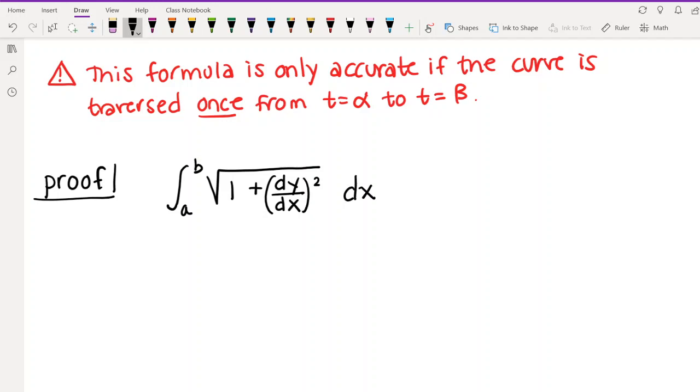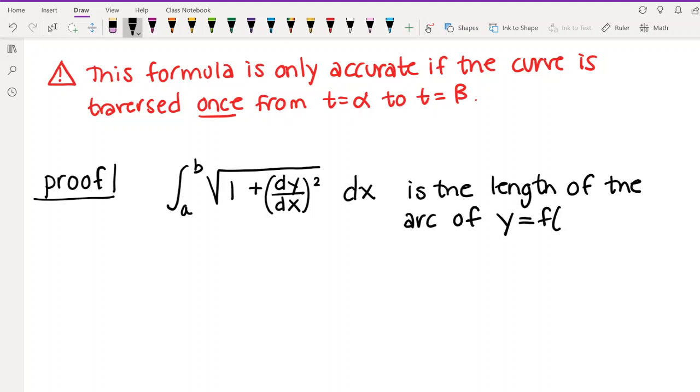This gives the length of the arc of y as a function of x from x is equal to a to x is equal to b.